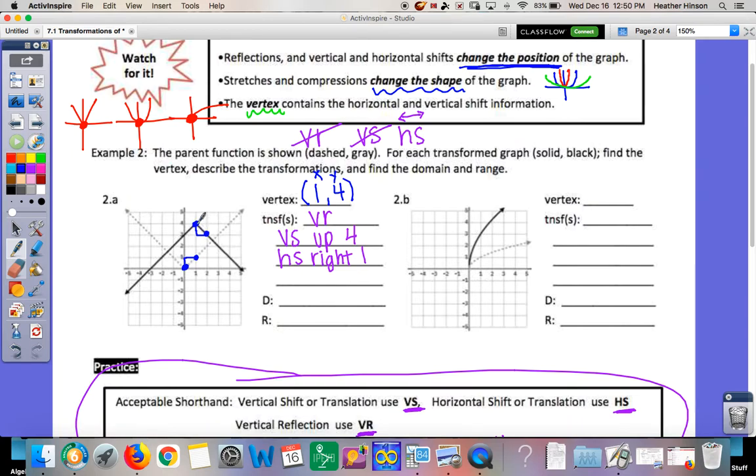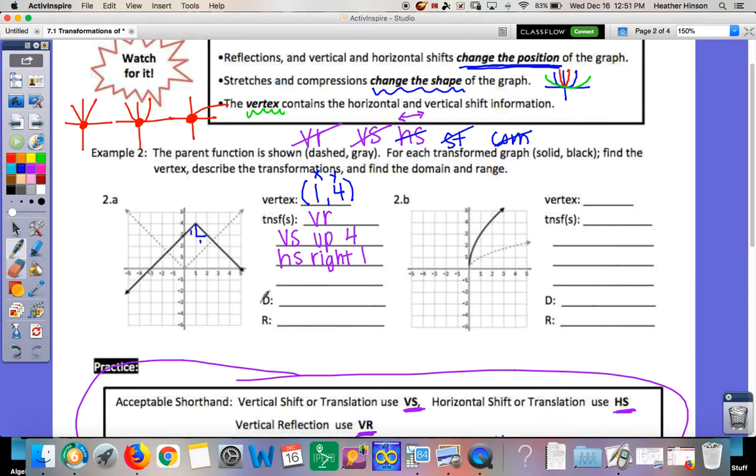If it had gone 2 over 1, that would be a stretch of 2. If it had gone up 1, but we had to go over 2 to get to the next point, then it would be a compress of 1 over 2. But this one stayed at 1 over 1. So there's no stretch or compress. There's none of that.